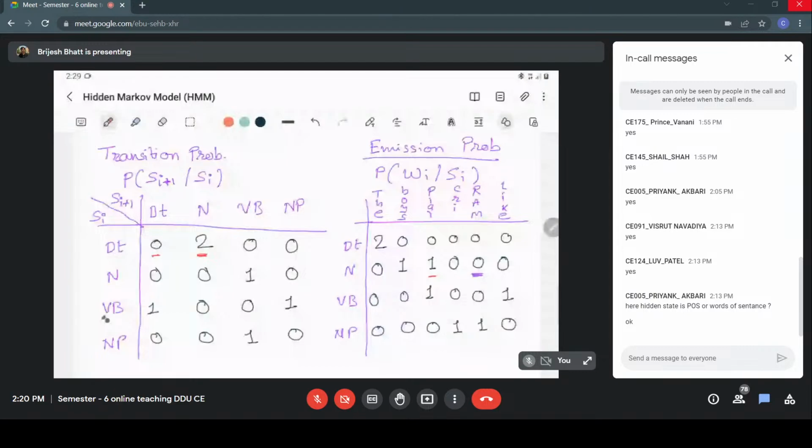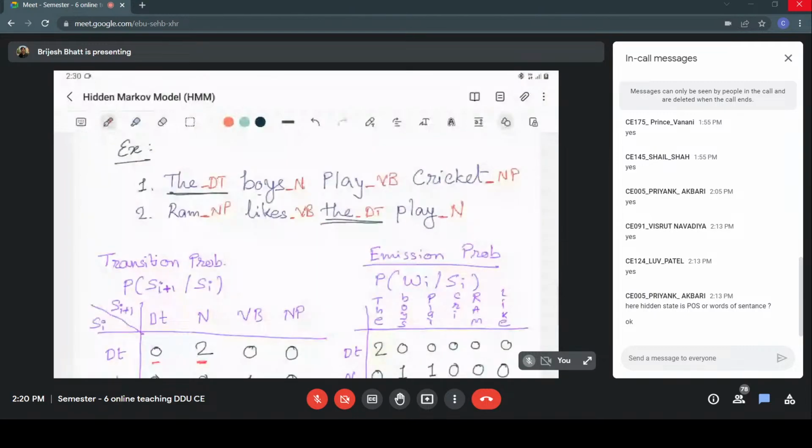Or how many times have you seen a noun followed by DT? For example, noun followed by DT here, one. You have seen the noun DT combination once and the noun DT combination once again. So you have seen twice that usually a noun follows a determiner. So that's why you put the number 2 here.